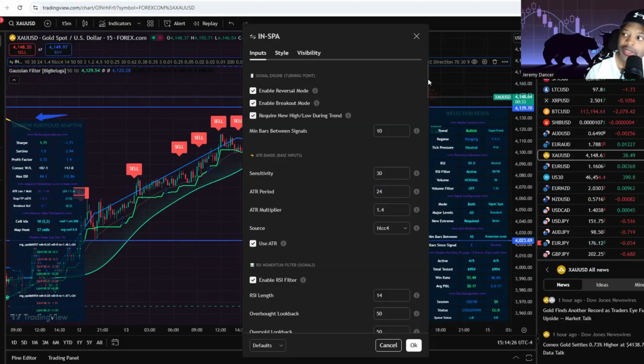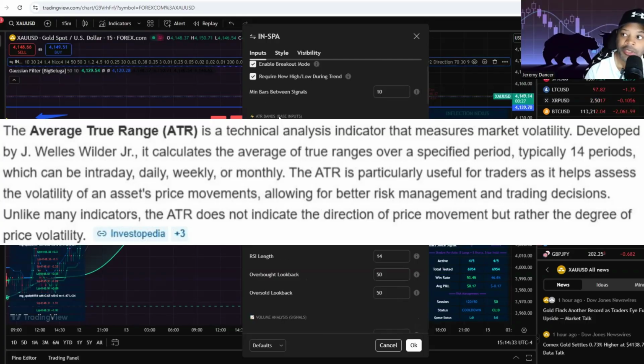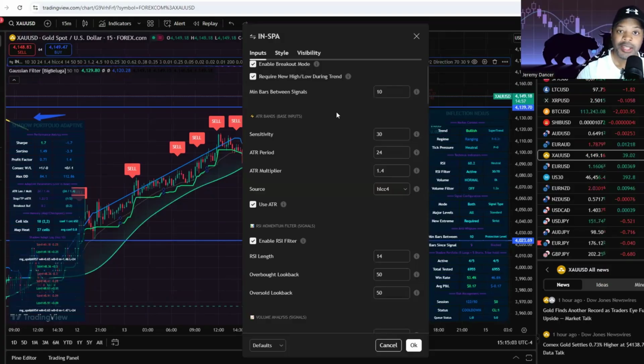Now, ATR measures volatility. I want to make sure that you guys are understanding the settings or the inputs here. This engine is factoring everything that is important to us as traders: volume, momentum, trends, what type of market condition we're in, different moving averages. This engine is keeping up with all of that.